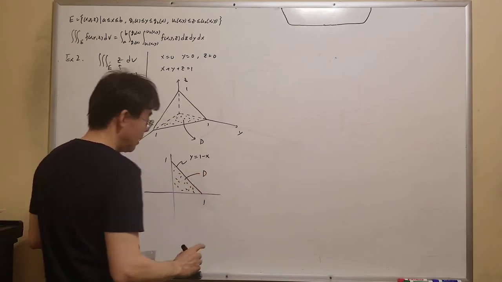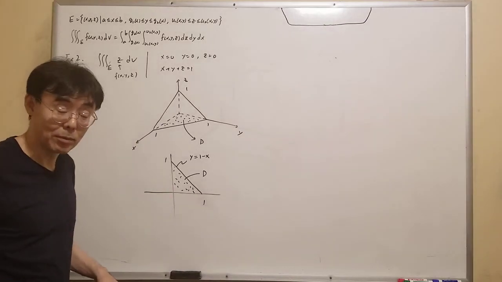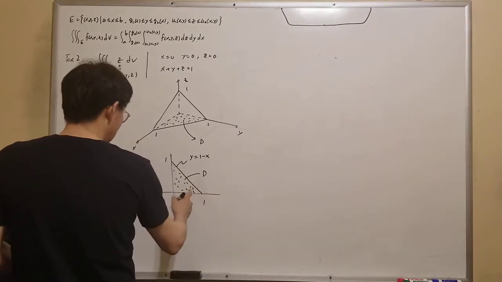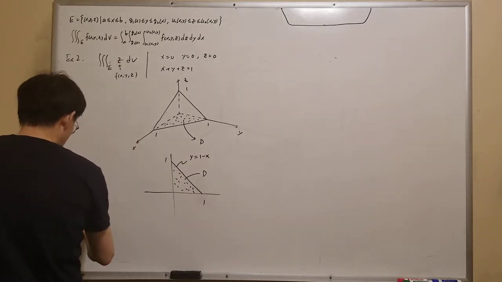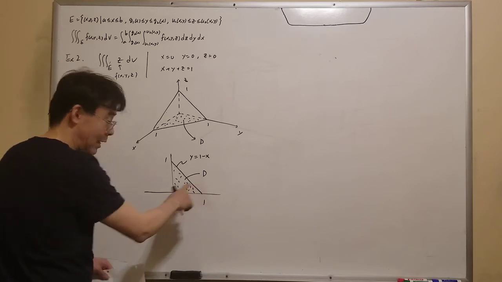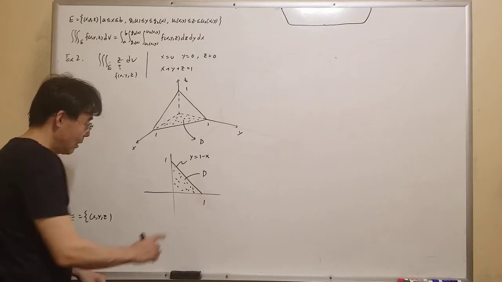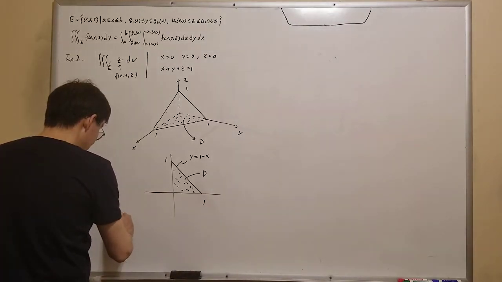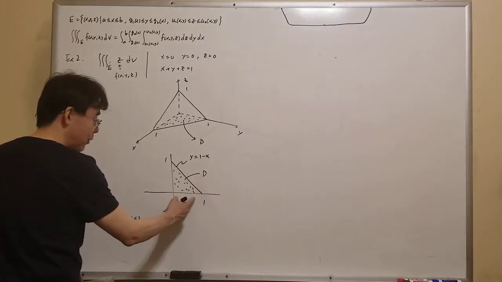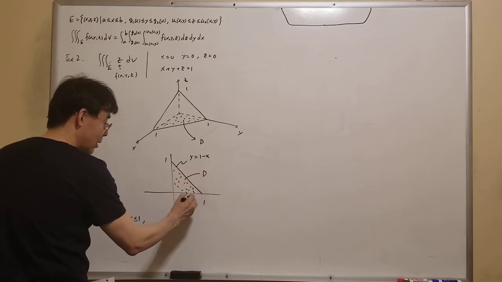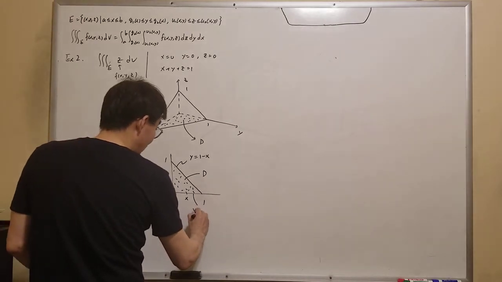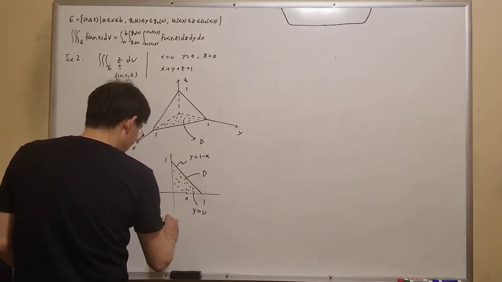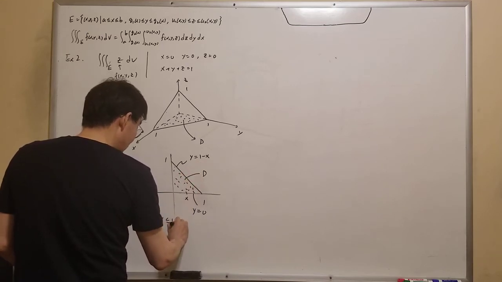You could also write D as a type 2, but let's use type 1. So your E can be written as, first of all, (x, y) is type 1 in 2D: x runs from 0 to 1. For given x, your lower curve is y equals 0, so y runs from 0 to 1 minus x.